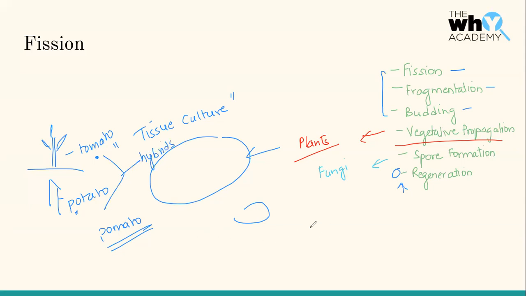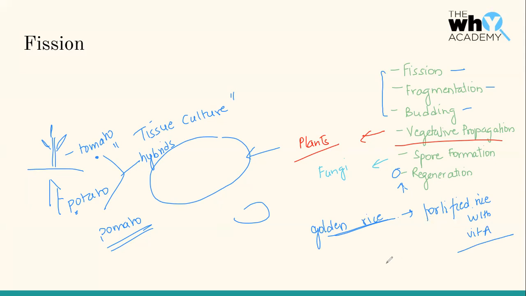Or you might have heard of something called golden rice. I think you will come across it later. Golden rice is basically rice fortified with vitamin A. I think this was during the agricultural revolution.